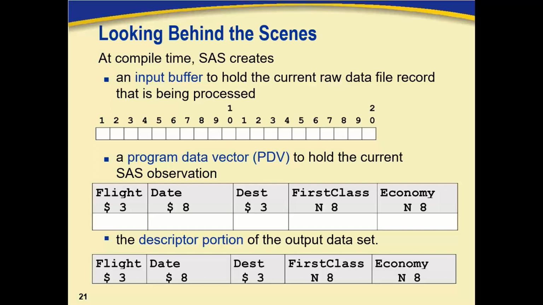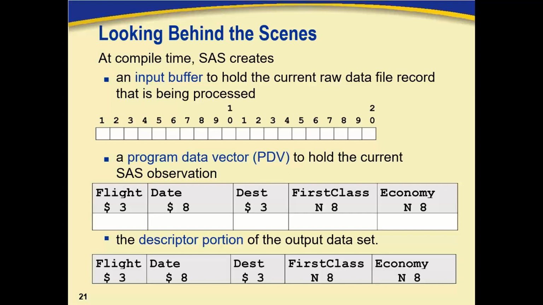Once each character is stored in its separate box, the data moves to the program data vector, which holds the current SAS observation.